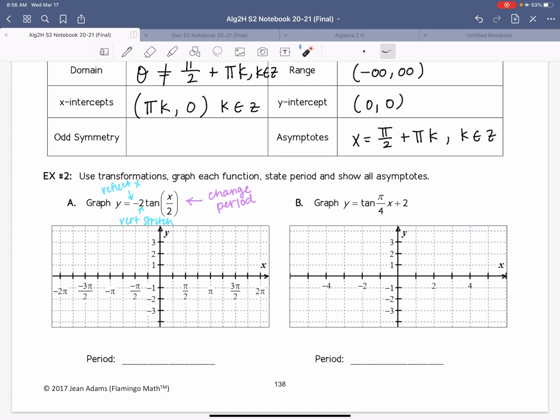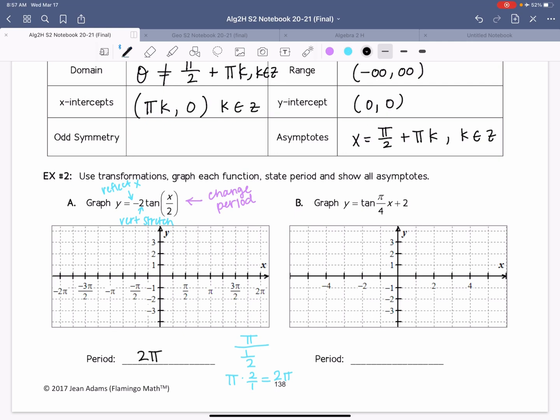All right, so what is my new period? What you do is take your normal period. Normally the period of a tangent graph is pi. And then we divide it by whatever's being multiplied by x. In this case, it's 1/2. So keep, change, flip. I end up getting pi times 2/1, which equals 2 pi. So now my period is going to be a distance of 2 pi.